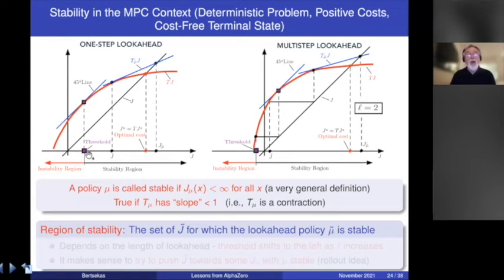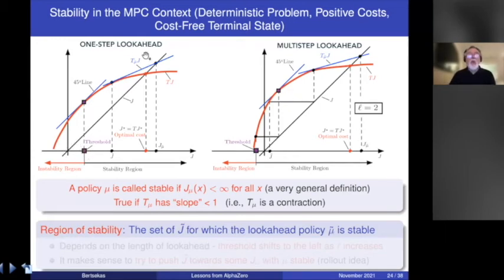So this is how the region of stability is demarcated. J tilde to the right of this threshold point gives you a stable policy, and otherwise it's an unstable policy. Of course, this is for a one-dimensional slice. For a multi-dimensional case, it's more complicated than that, but the general idea still applies.